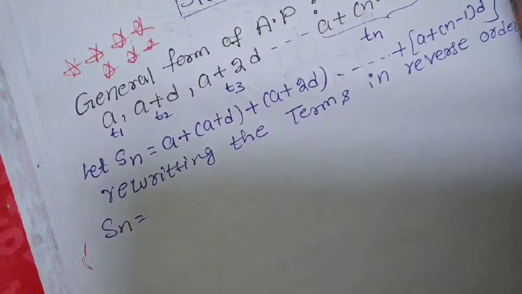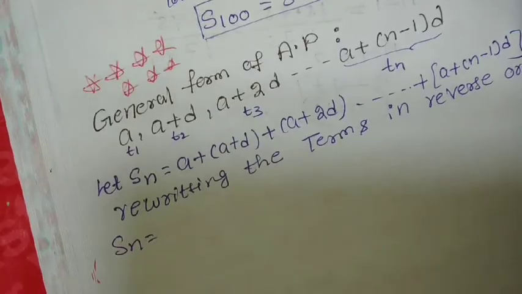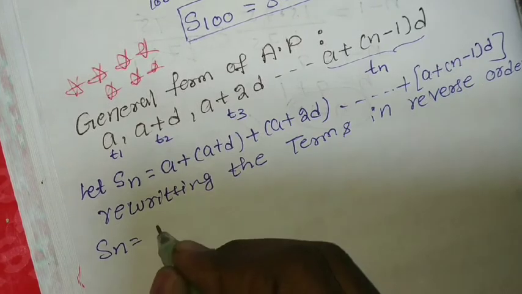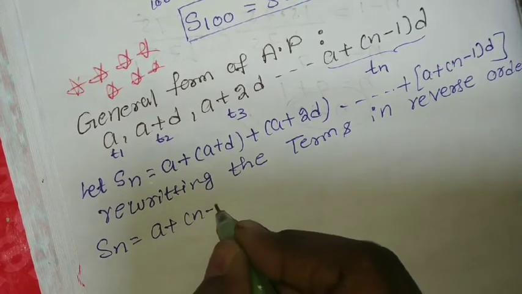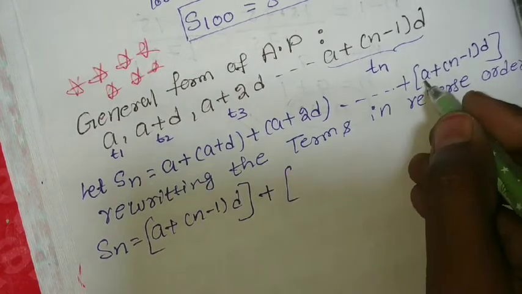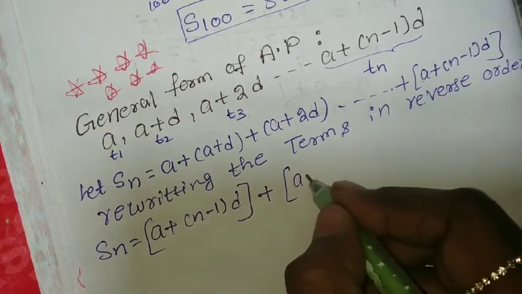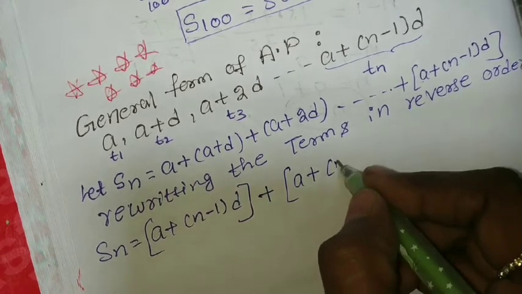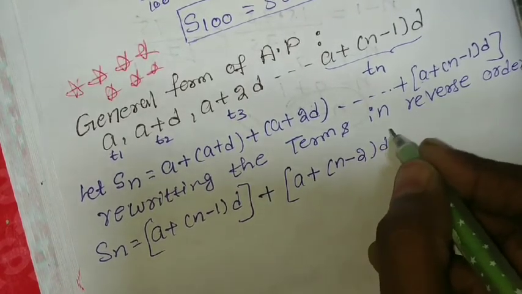So here also we are writing the same. See here. Which one is the last term here? That is A plus n minus 1 into D plus, what is the term before it here? A plus, see here, the preceding number of n minus 1 is n minus 2 into D. Are you getting?